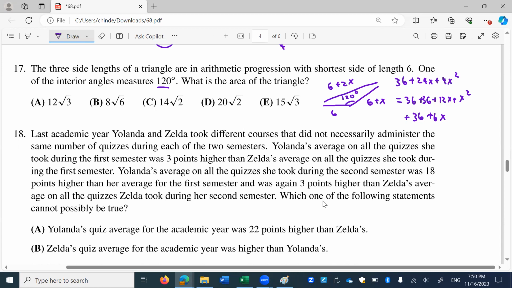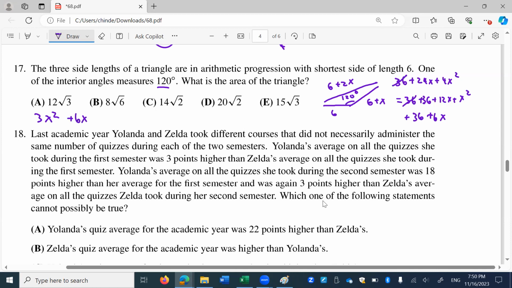Let's group. The numbers are a little uncomfortably large, but we're up to number 17, so I guess we have to deal with it. Cancel the 36 out of both sides, and then I'll write my quadratic over here. 4x squared on one side, single x squared on the other. 24x on one side minus 18x gives us 6x.